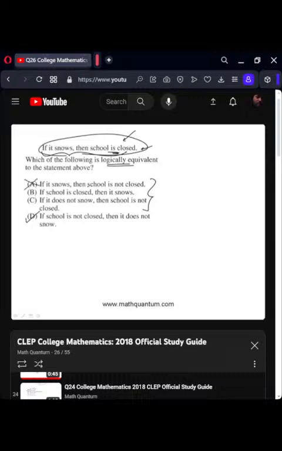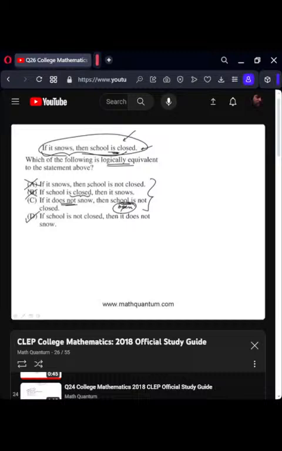If the school is closed then it snows. No, we can't do that. If the school is closed, maybe there's some other reason, so it doesn't mean that it's necessarily snowing. And then if it does not snow then school is not closed, so they're saying if it doesn't snow school is open.